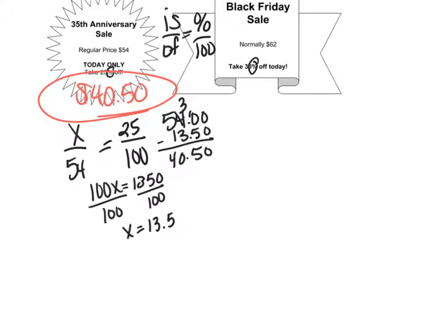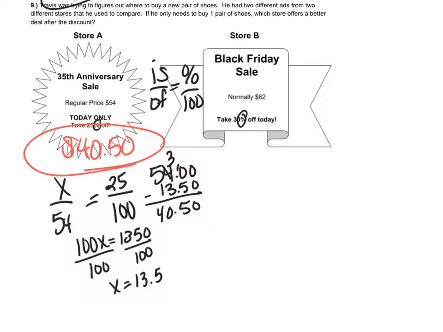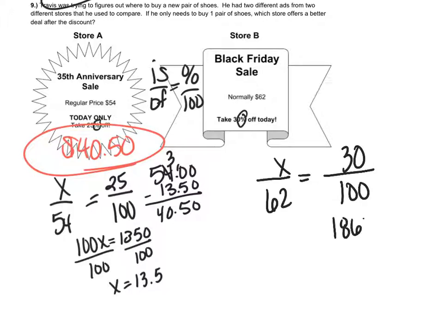Okay, store B is going to be more expensive, but there's a bigger percentage off. Which one do you think it's going to be? I think store A, but okay, so 62 times 30 is 1860.